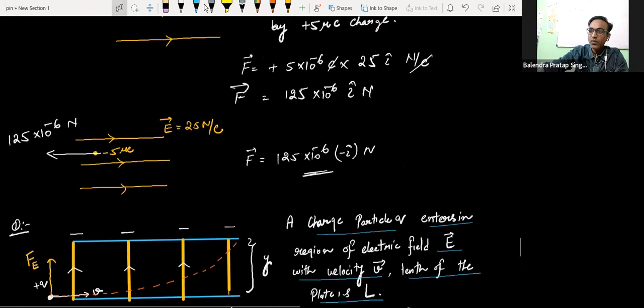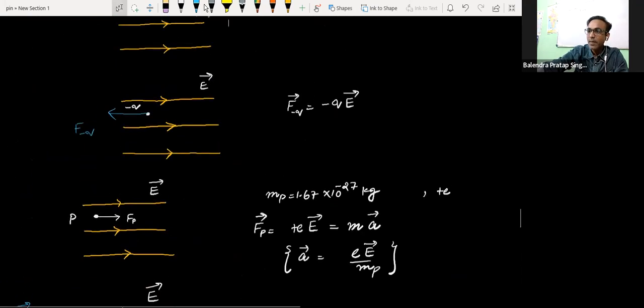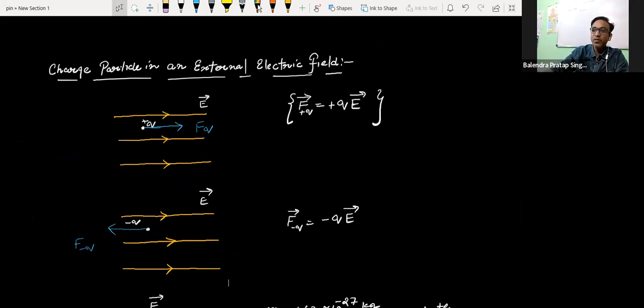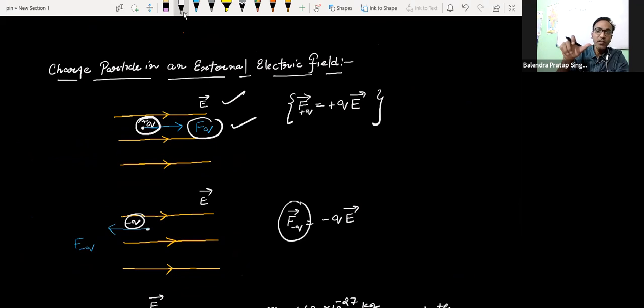Let me go a little bit up. So, a charged particle in an external field: when you put a positive q charged particle in an electric field, it will experience a force in the same direction as the electric field. And when we put a negative q charge, it will experience a force in the opposite direction of the electric field. This is a very simple concept, the behavior of a charged particle in an external electric field.